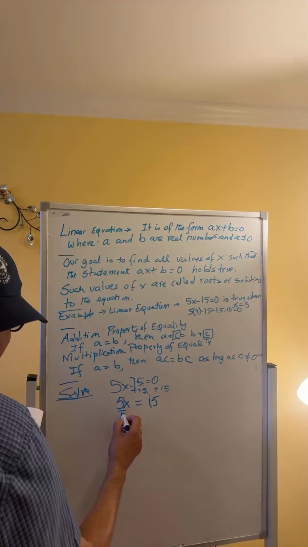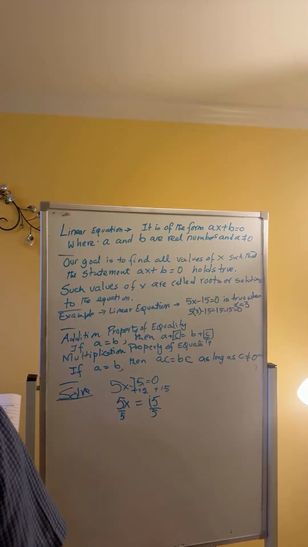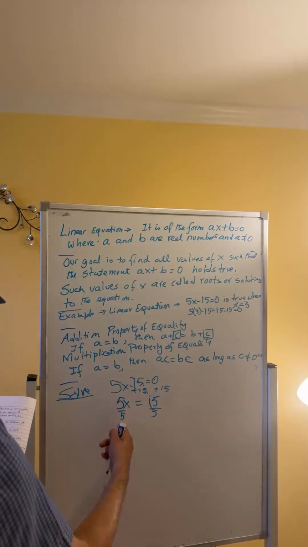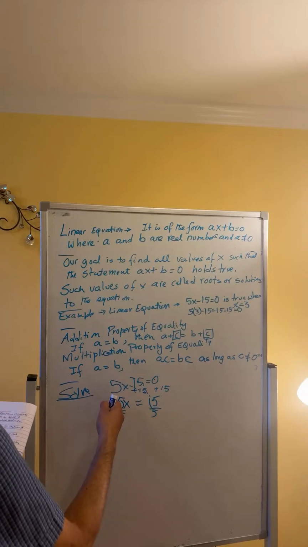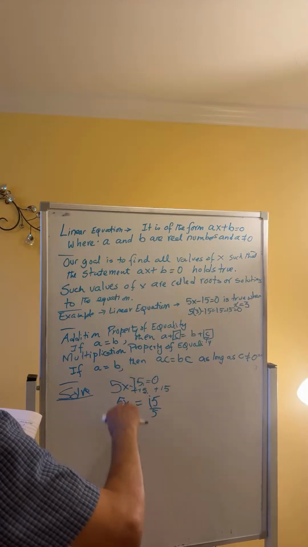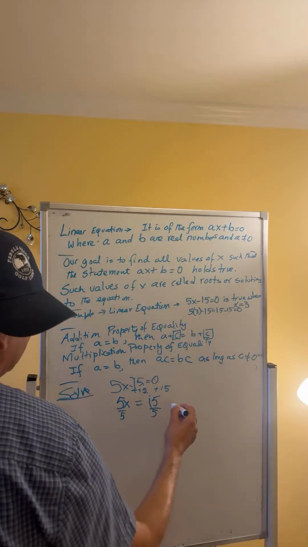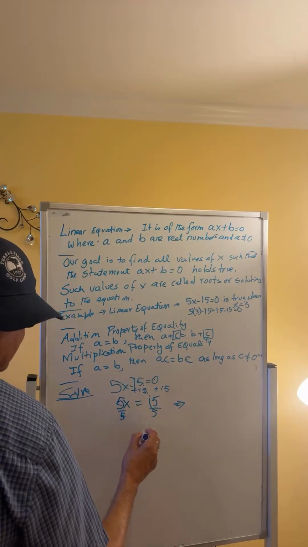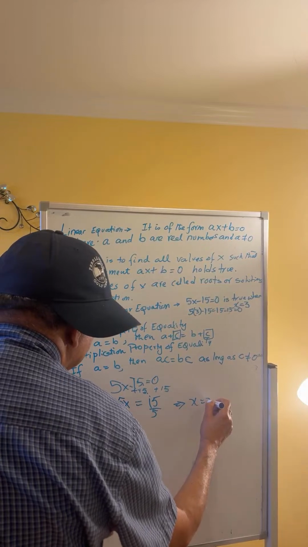Then you divide by 5 on both sides. Again, what you do on the left hand side, you do on the right hand side of the equal sign. 5 times x, in order to separate x from the coefficient 5, the opposite is division. So you divide by 5 on the left and you divide by 5 on the right. This leads to 5x over 5, and the 5 and 5 cancel. x is equal to 15 divided by 5, and 5 goes into 15 three times.